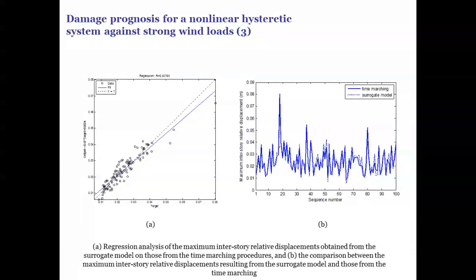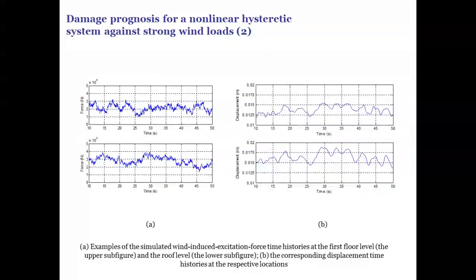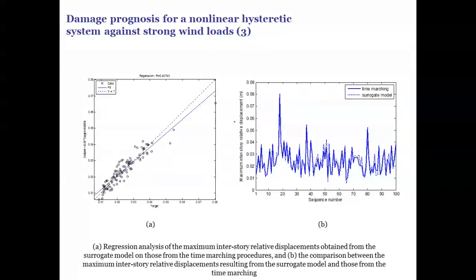During the entire damage prognosis procedure, we need to carry out this kind of calculation thousands of times. If just one time needs half an hour, thousands of times will make this project intractable. So what we did was train an artificial neural network to help accelerate the calculation.